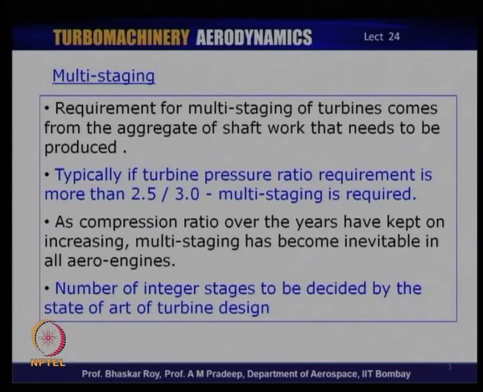In case of a land based gas turbine engine, the work that needs to be supplied to the compressor and the work that needs to be supplied to the external power generation unit would have to be supplied from the turbine. So the overall work that needs to be done by the turbine needs to be assessed and computed, and on the basis of that the multi-staging arrangement needs to be decided upon.